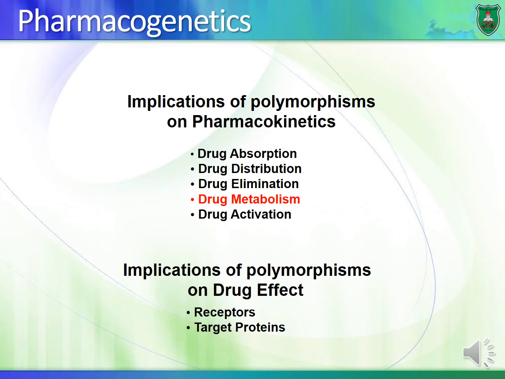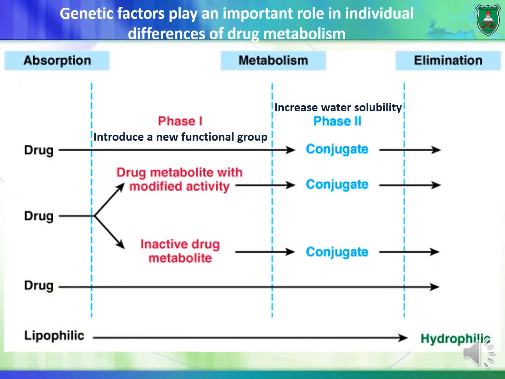So let's talk about drug metabolism in a little more detail, because it seems to be more important. As you know, whenever a drug is given to a person, it goes through two phases in the liver: phase 1 and phase 2. In phase 1, you have a chemical reaction, a modification of the drug by introducing a functional group, making the molecule as a whole reactive.